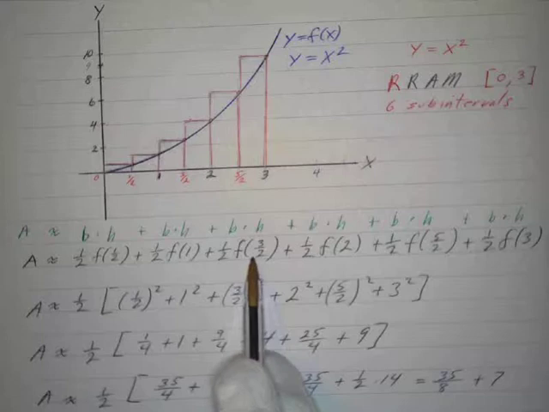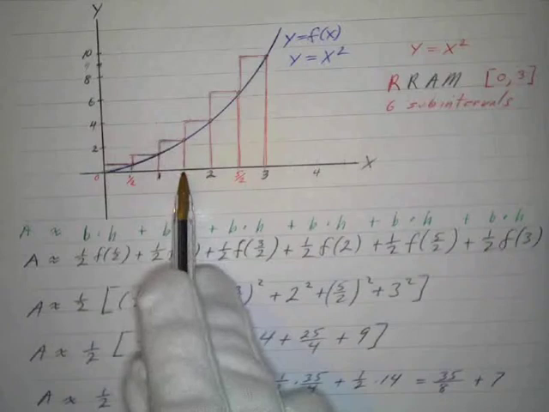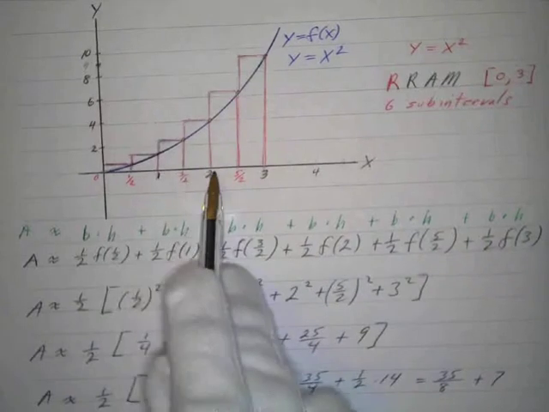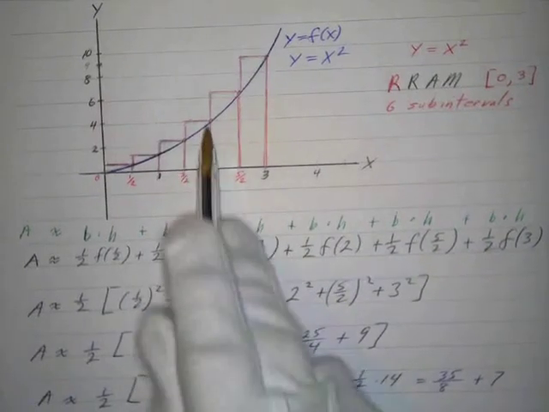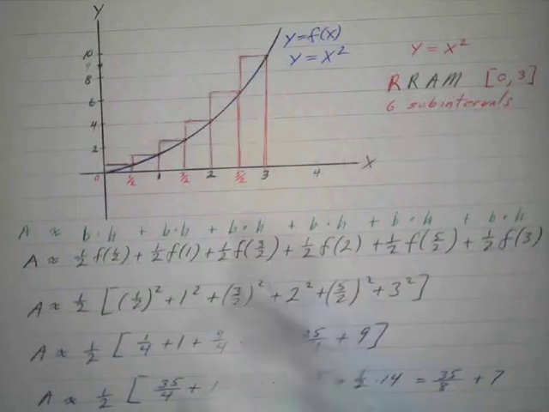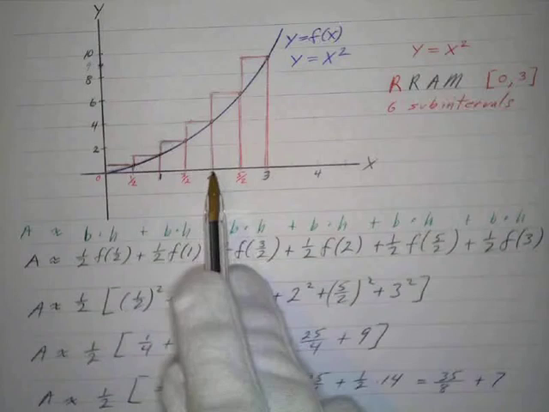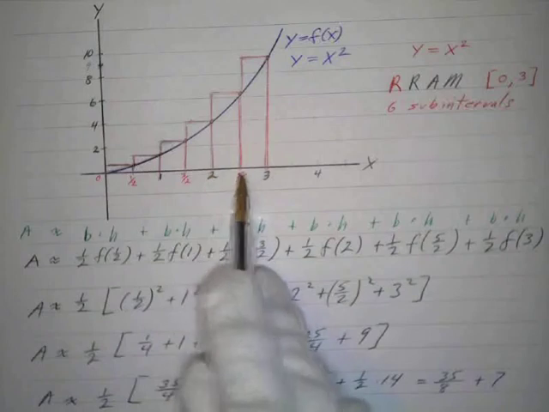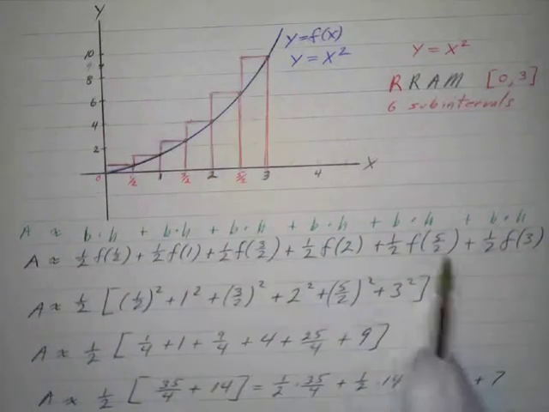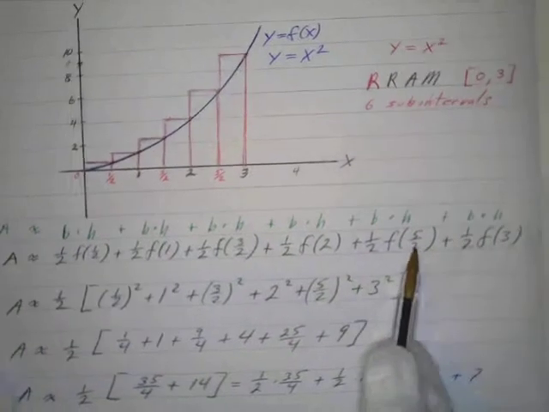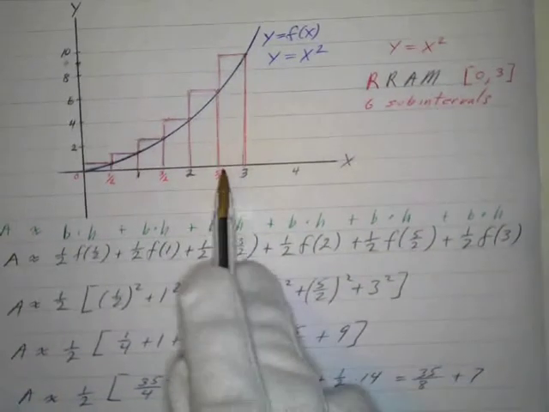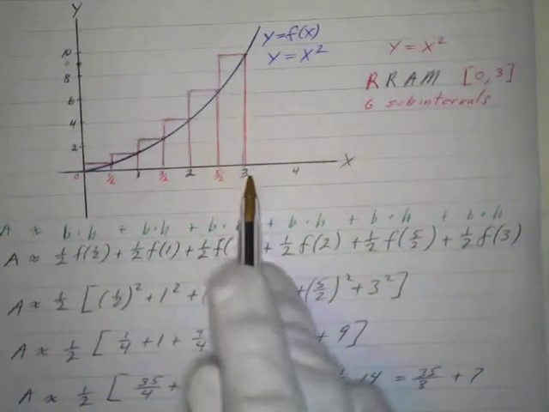My fourth rectangle, the base will be 1/2, and the height will be f of 2, because I'm using the right endpoint. The fifth rectangle, the base again will be 1/2, and the height will be f of 5 halves. And then the sixth and last rectangle, the base will be 1/2, and the height will be f of 3.